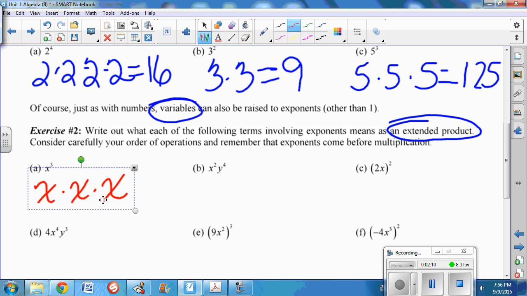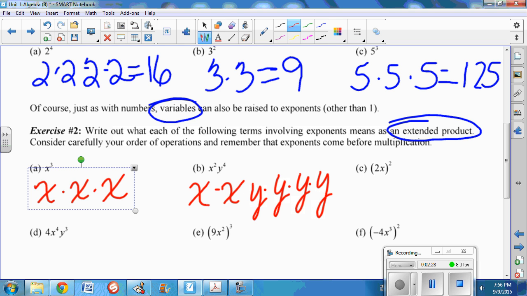Letter B means x times itself twice, and then y times itself 4 times. Okay, they're your extended products. Then part C, 2x all raised to the second, so that 2x in parentheses means we have 2x times itself 2 times.